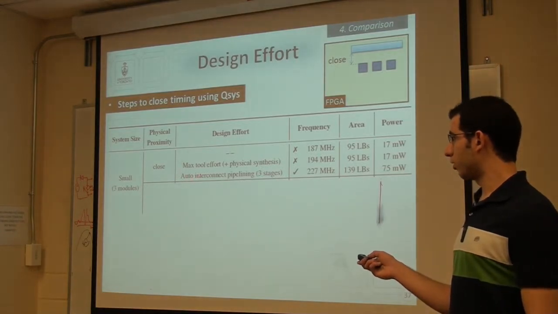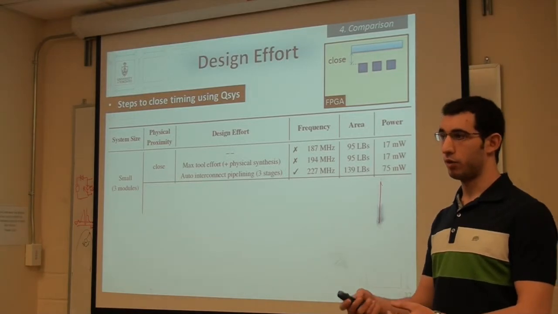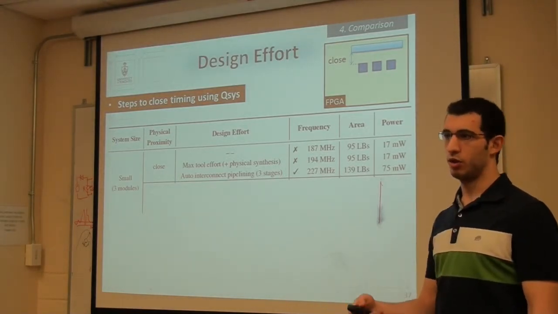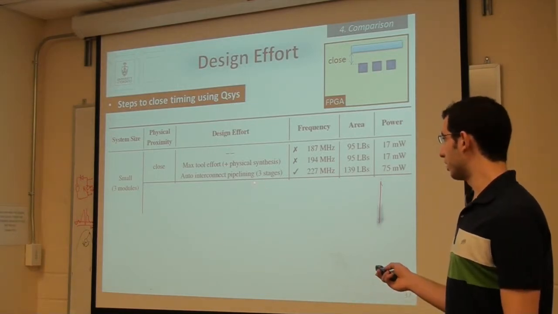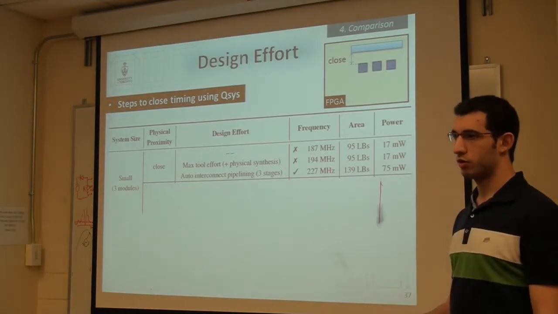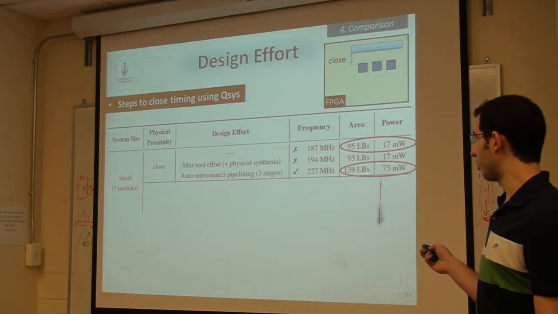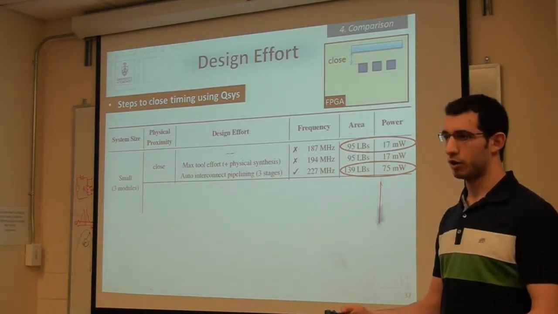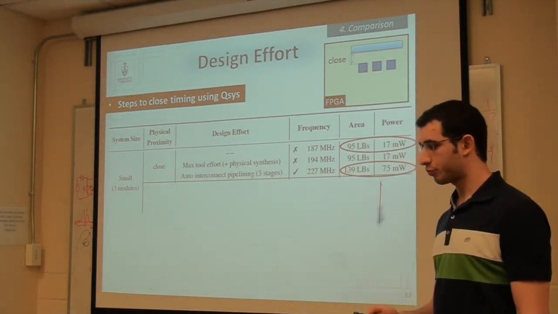Then we added pipelining, which in QSys you can turn on at different parts of the interconnect. With 1 pipeline stage, we didn't meet timing. With 2 pipeline stages, we didn't meet timing. But with 3 pipeline stages, we finally did, and the frequency was 227 megahertz. But notice that this comes at a large area and power overhead compared to the original interconnect that has a bunch of multiplexers. These pipeline registers cost a lot of area and power.